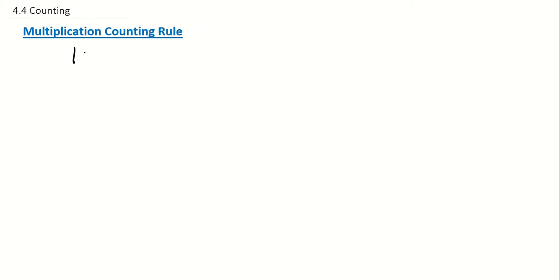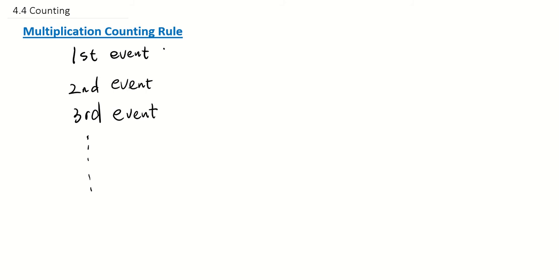Let's say we have the first event, second event, third event, a sequence, and so on. The first event will occur in n1 ways, and the second event will occur in n2 ways, the third event will occur in n3 ways, and so on.